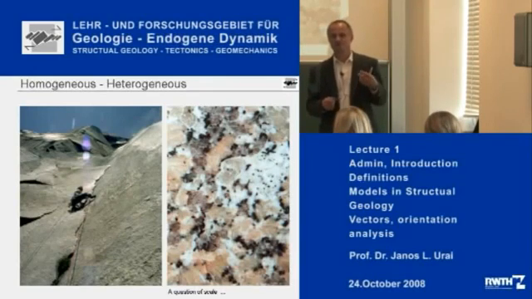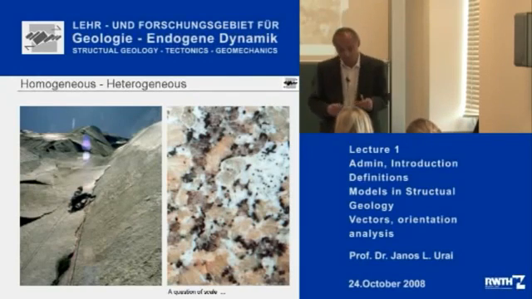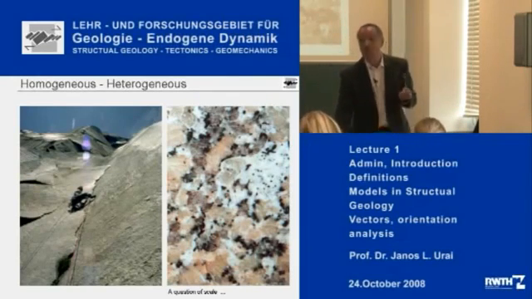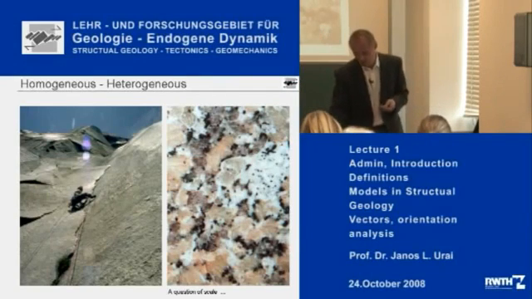But what you have to keep in mind is that homogeneity is always a question of scale. Everything homogeneous, heterogeneous can change if you look closer or if you take a little bit more distance and you look from further. To say homogeneous is only useful if you can say over what scale it is homogeneous.